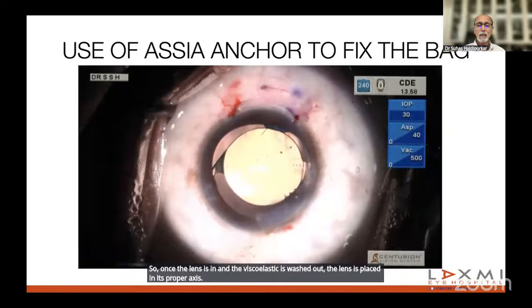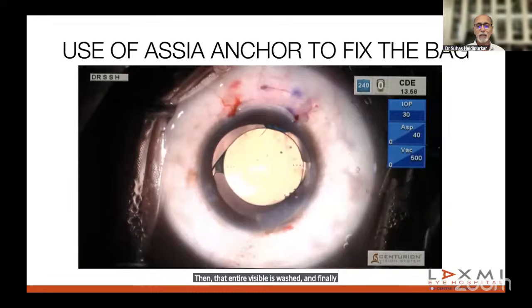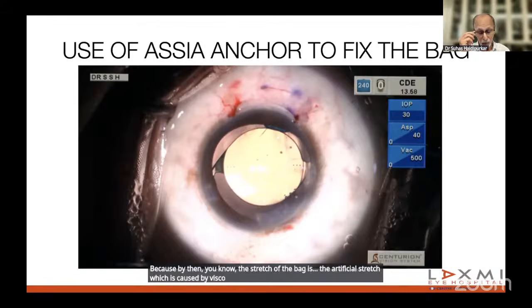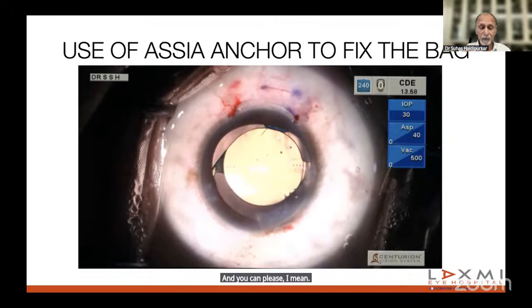Then the entire visco is washed, and finally the anchor is sutured. Normally it is proper to anchor the suture at the end, because by then the artificial stretch of the bag caused by viscoelastic is removed, and you can suture the bag in the most appropriate location.